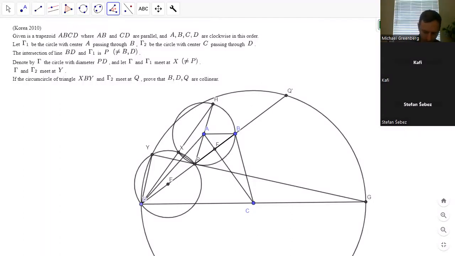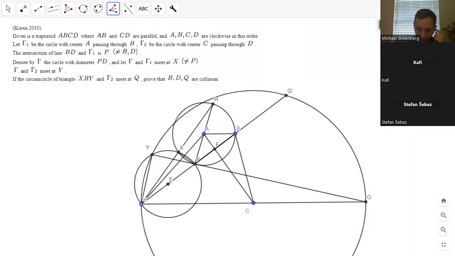So PDG minus XDP is APB minus XDP, which is XHP, which is XBP. Okay. So, all right, I got it.